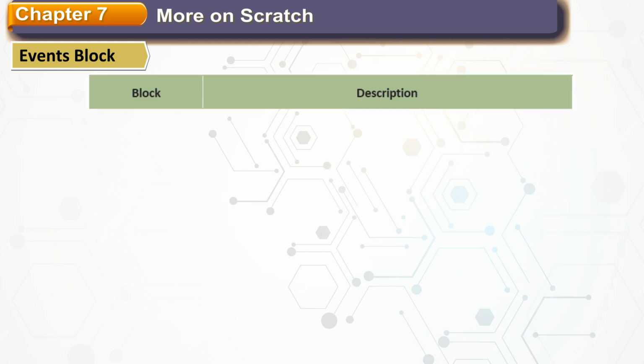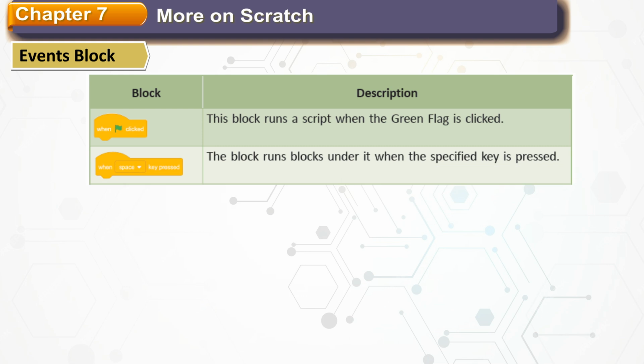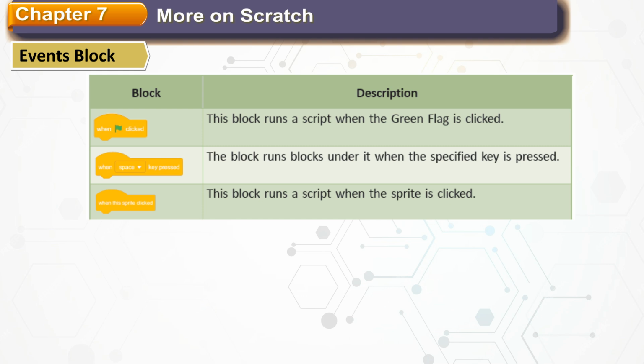Block description. When green flag clicked, this block runs a script when the green flag is clicked. When space key pressed, the block runs blocks under it when the specified key is pressed. When this sprite clicked, this block runs a script when the sprite is clicked.